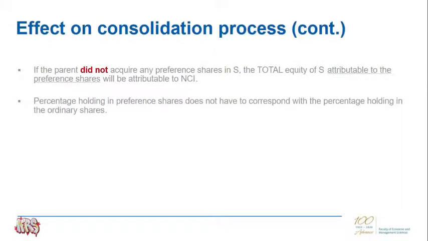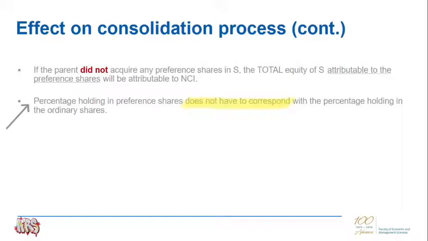The reason why we have to distinguish between the equity participants is because the percentage holding, as you would have seen in the previous slide, in the preference shares does not have to correspond with the percentage holding in the ordinary shares.